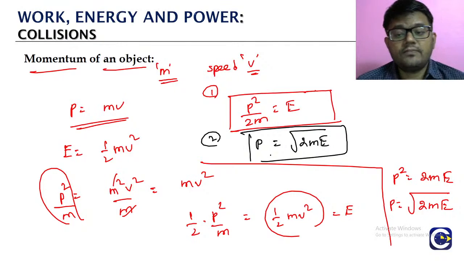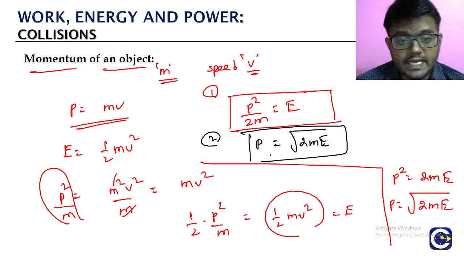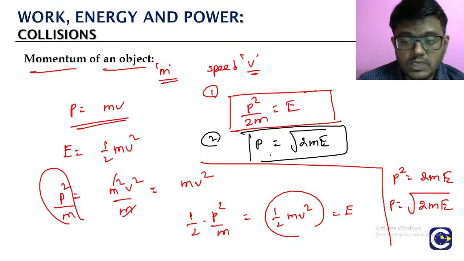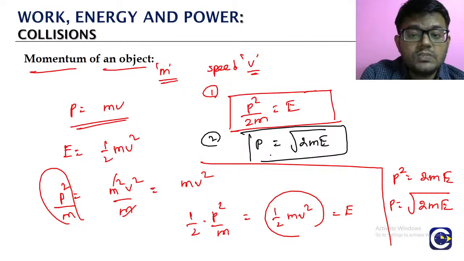The two relations are: p square by 2m equals kinetic energy, and momentum equals root of 2m into kinetic energy, where E is the kinetic energy.